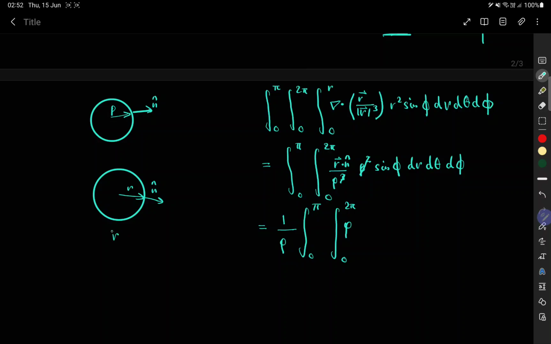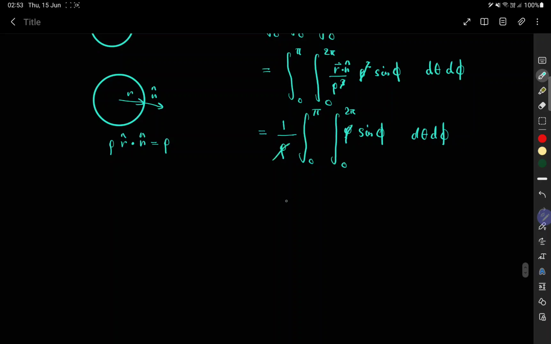The magnitude of the r vector is just rho. So we just have rho times r hat dot n hat, and r hat and n hat are parallel, so we just get rho. And we get sine phi d theta d phi. Sorry, this dr shouldn't be here. Alright, rho and rho cancel again.